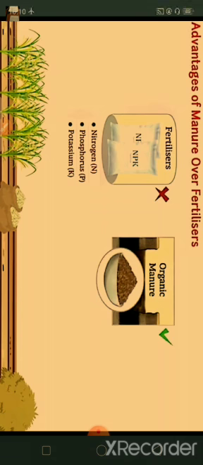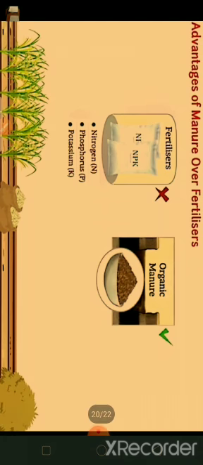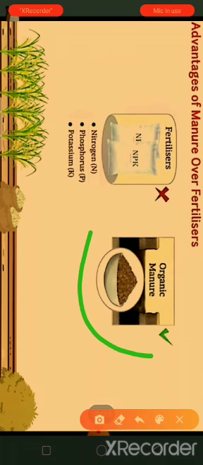Though they are rich in nutrients, we should encourage the use of organic matter, because organic matter does not harm the soil, and it also provides water holding capacity to the soil.